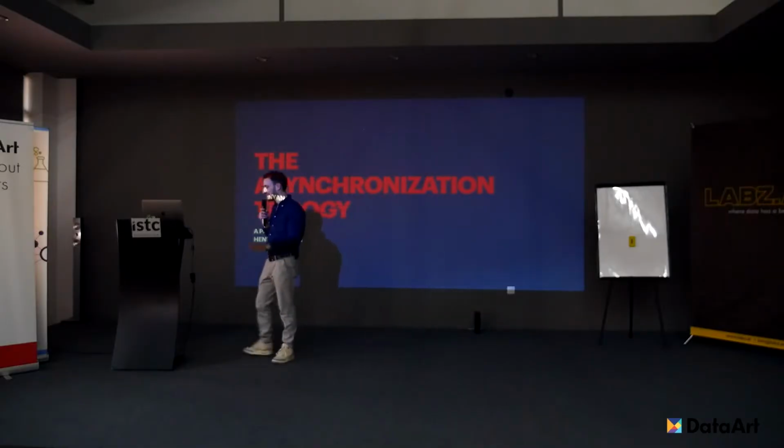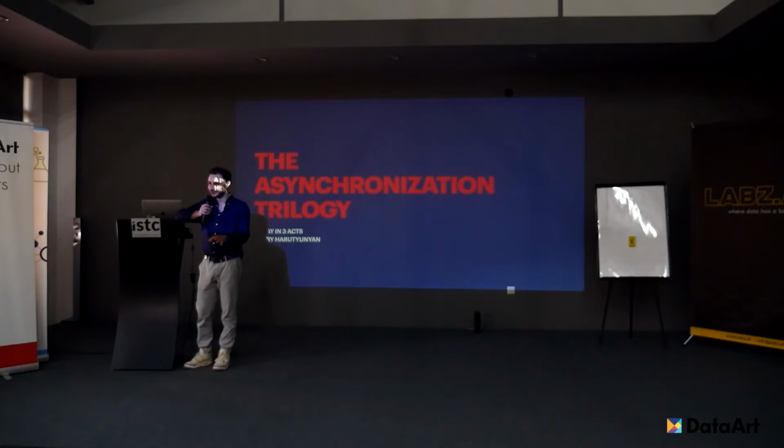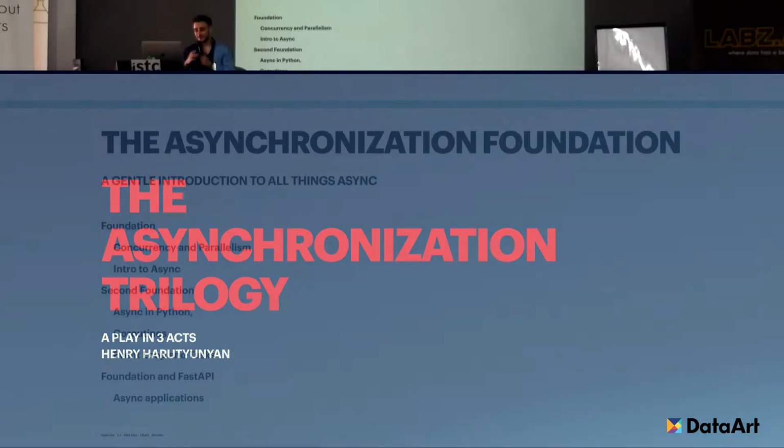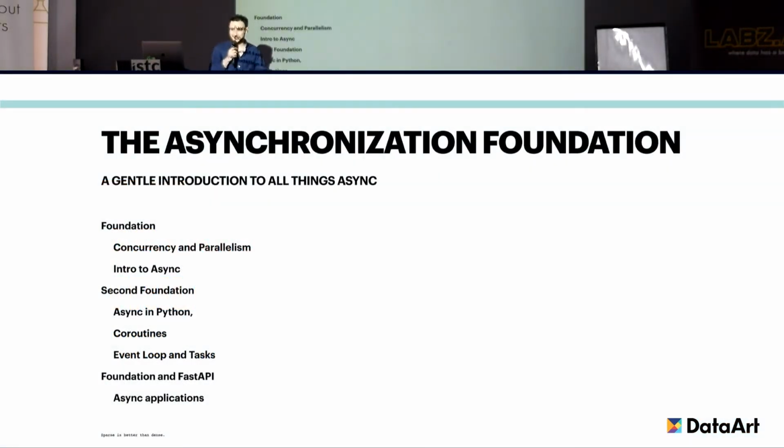So how many people were present during my last talk? Yeah, it was a bad one. Thank God, not too many people here. But actually last time we were getting some base info about what parallelism is, what concurrency is, and why the hell we would need async after all.